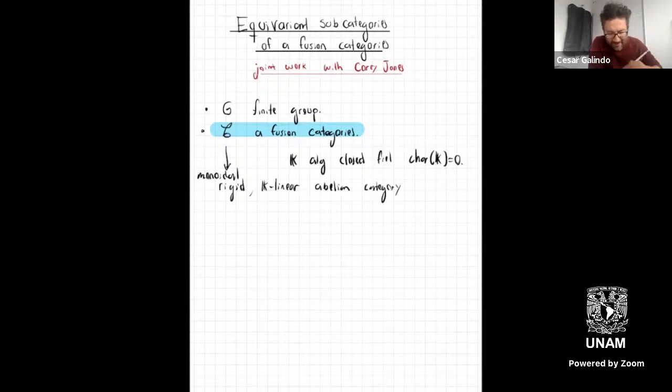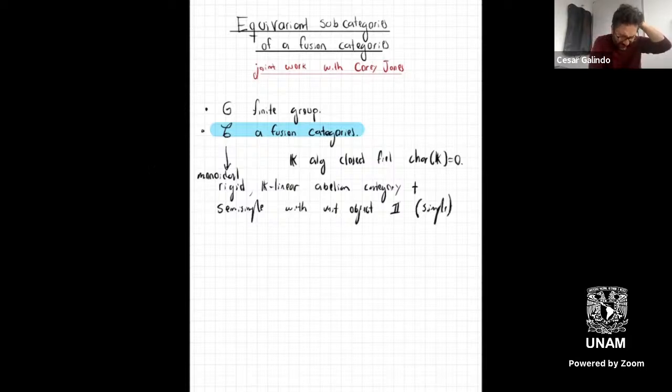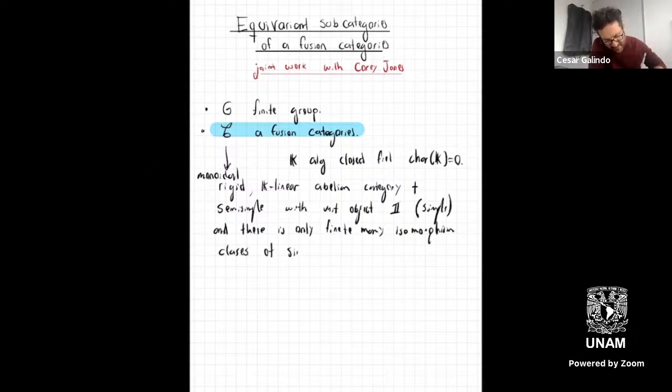K-linear, rigid, abelian, plus we also need that it must be semisimple. And the unit object must be simple, and such that there are only finitely many isomorphism classes of simple objects. All this is a lot, it's very long, but this is the notion of a fusion category.